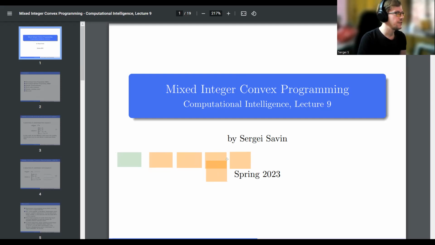There are plenty of things that you can do with those. For example, today, before class, before the recording, we had a question about sum of squares. Sum of squares would be somewhere here with SDP.